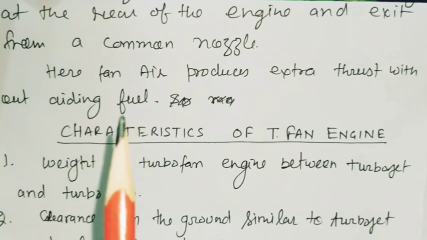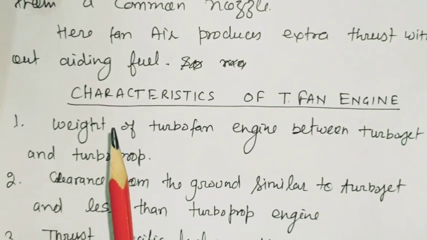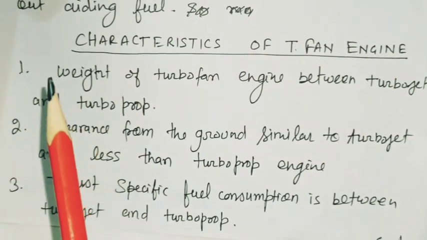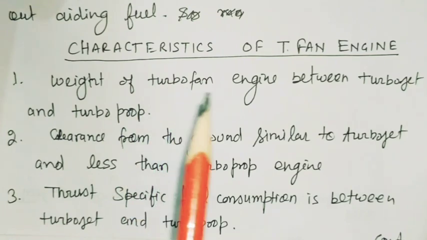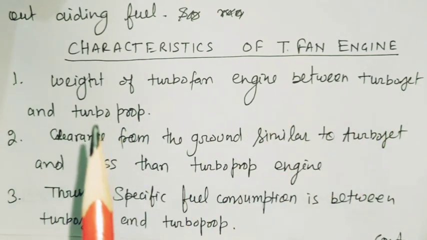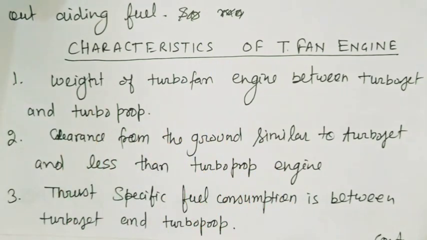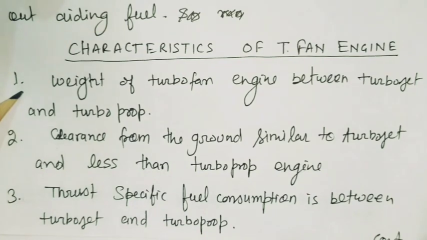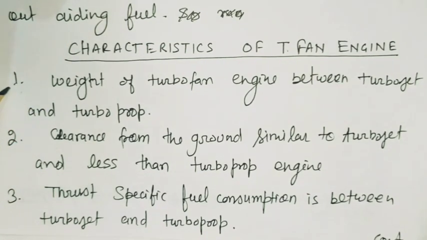So what are the characteristics of this engine that we can see now? Number one, the weight of the turbofan engine is between turbojet and turboprop, which means the weight of this engine is more than turbojet and less than turboprop.